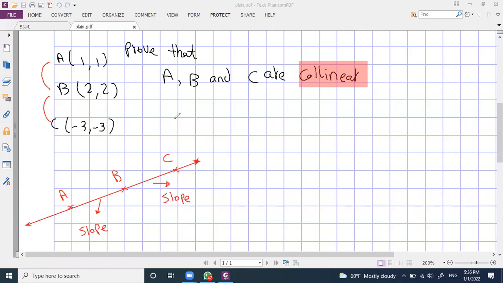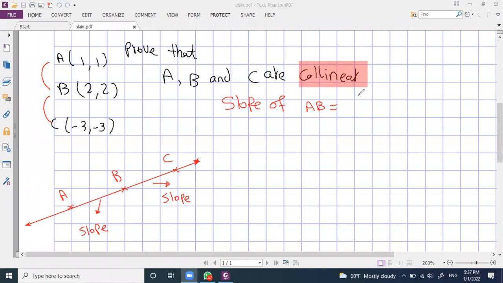And if the slope of AB is equal to the slope of BC, then the points A, B, and C are linear. So how can we find the slope of AB? Alia, find the slope of AB.